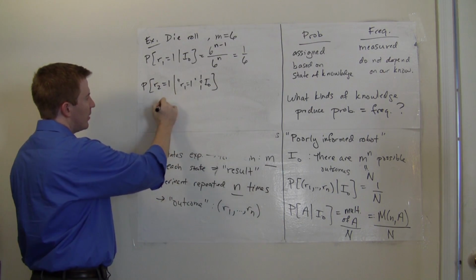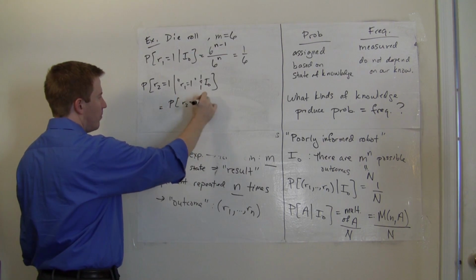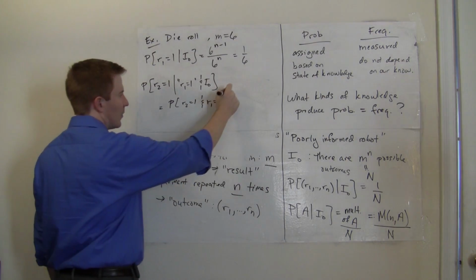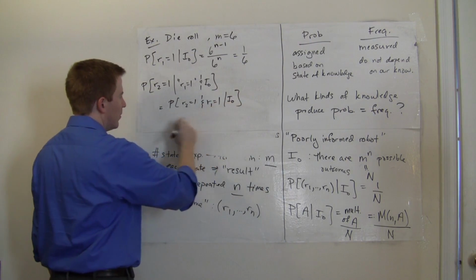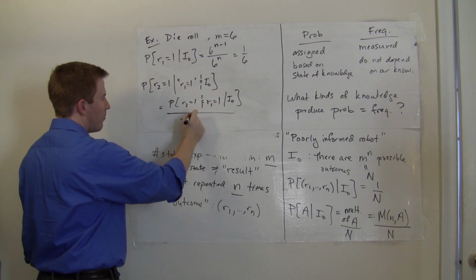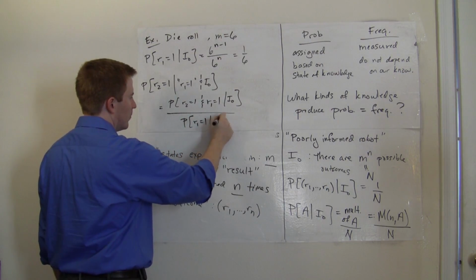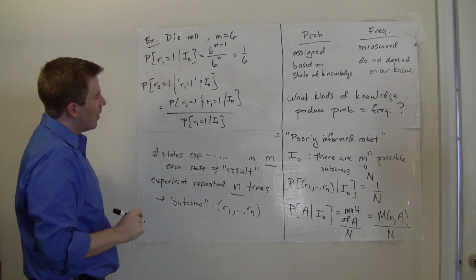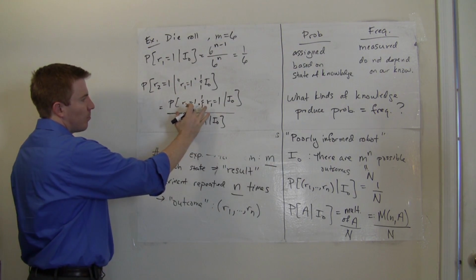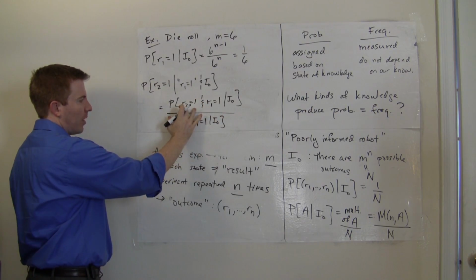By definition, that conditional probability is the probability of both of them being a 1, conditional on background information, divided by the probability of the first one. That's just the product rule of probabilities. Now, what is the probability of the first die roll being 1 and the second die roll being a 1?